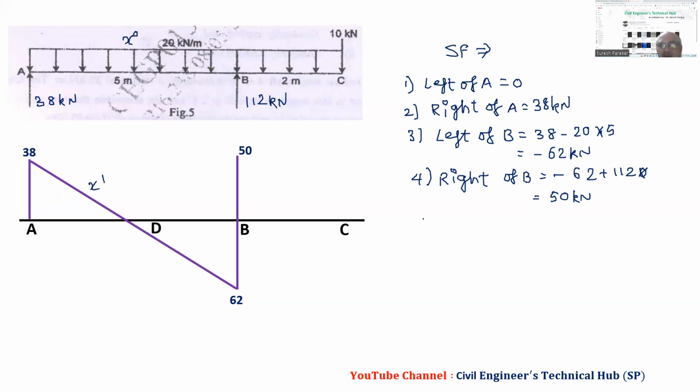And then we have left of C, because we again have 10 kilonewton load over there. So left of C, we have 50 minus 20 into 2, that is 10 kilonewtons. You can see this 10 kilonewton, x to the power 1 again.